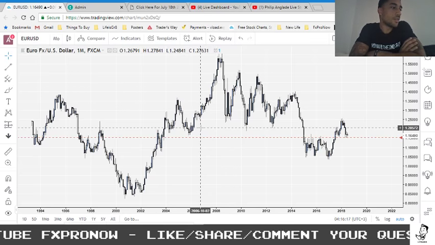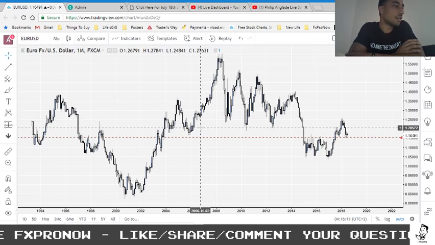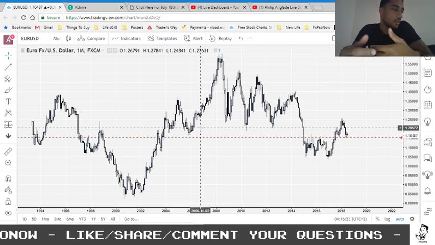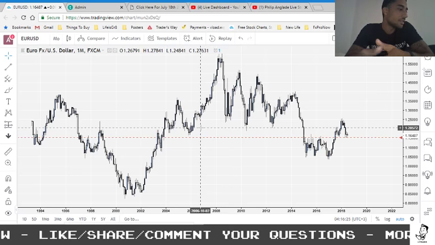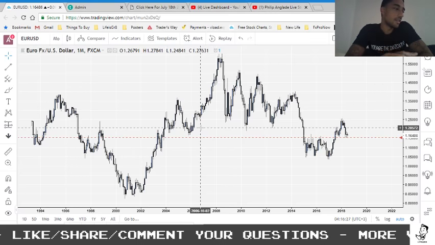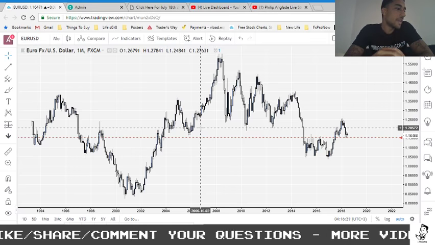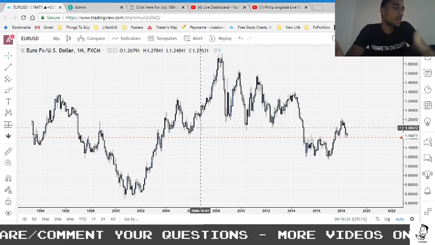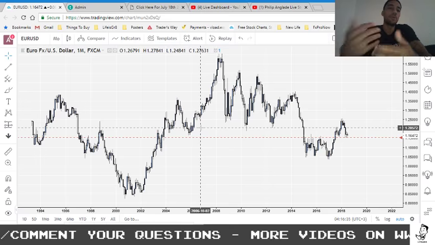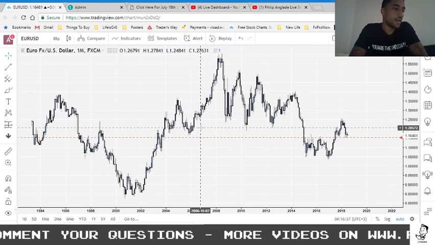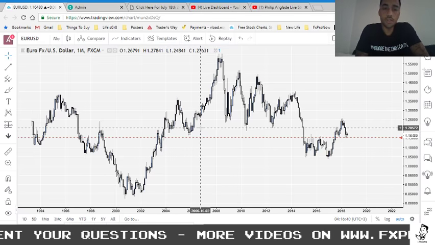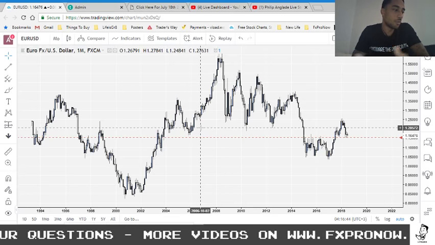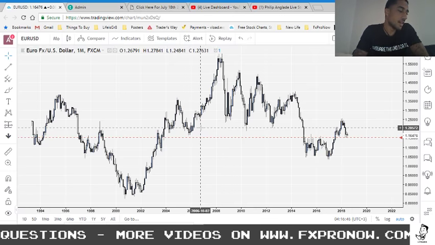This helps us get a broad look at the market, while still being able to apply technicals like Fibonacci, and we'll probably get into that a little bit. On the larger time frame, you're able to build up a better case of what's going to happen on the lower time frames. So we're going to start off by creating a foundation where you find support and resistance on the monthly time frame.